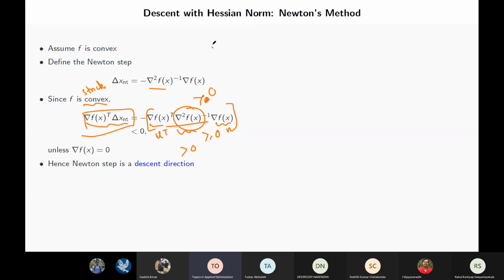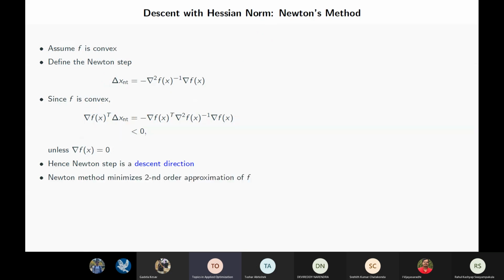And hence, this is a descent direction. Remember, a descent direction was a direction v for which grad f(x) transpose v was less than 0. So this is the v that we are looking for. Hence, the Newton step is a descent direction if the given function is convex. For a convex function, just taking the P matrix as the Hessian is a guarantee for a descent.